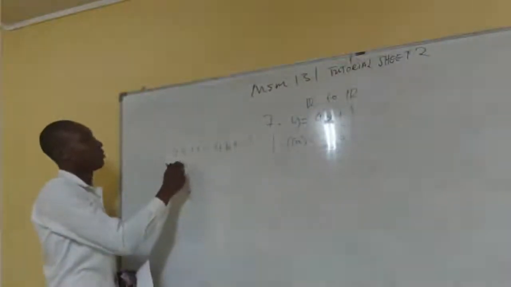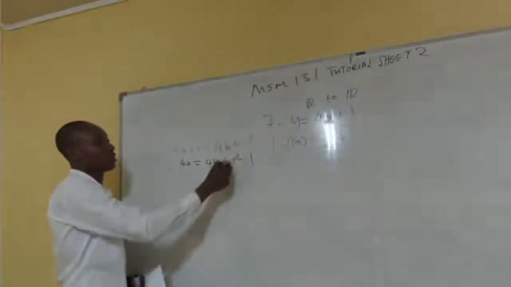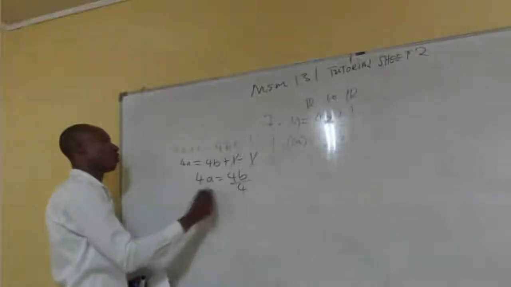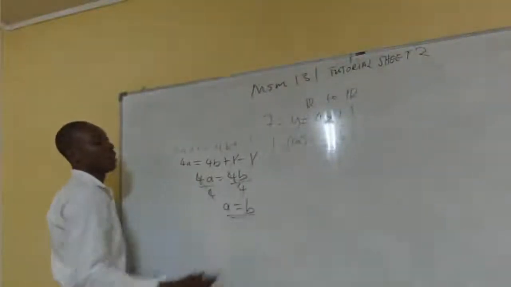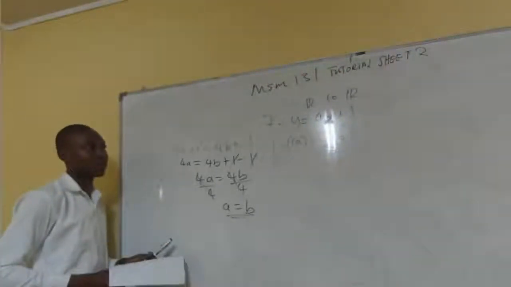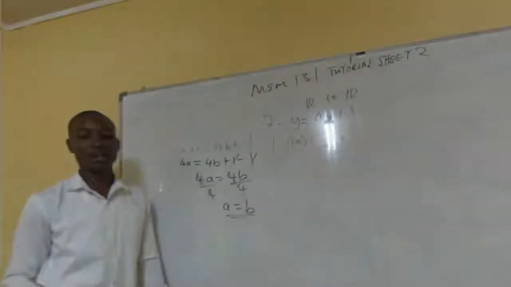Then we have 4a is equal to 4b plus 1 minus 1, so the ones will cancel. Then we have 4a is equal to 4b, divide by 4 over 4, so we have a is equal to b. So this is actually a one-to-one relation. Since it's a one-to-one relation, this is actually a function.